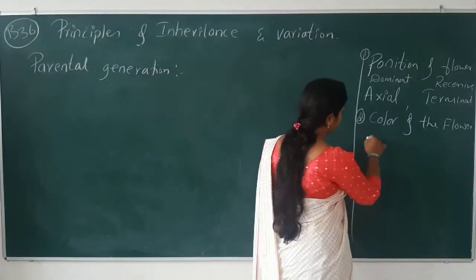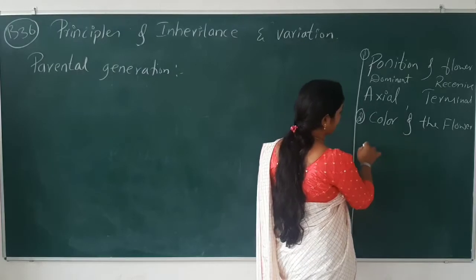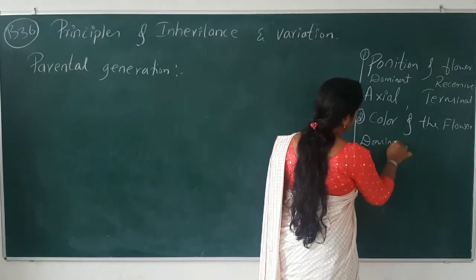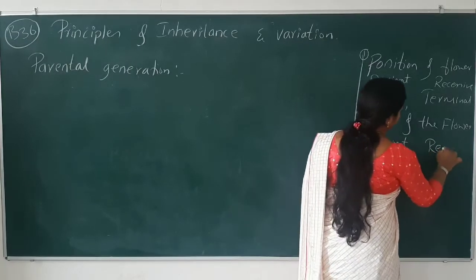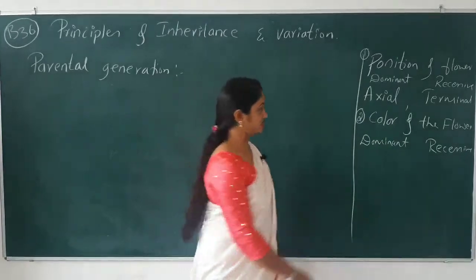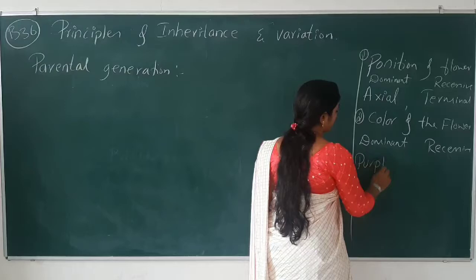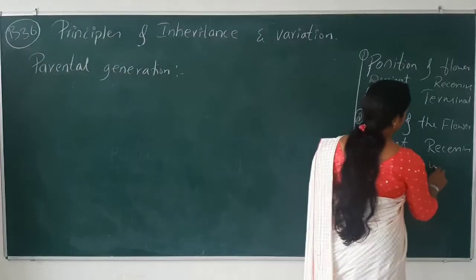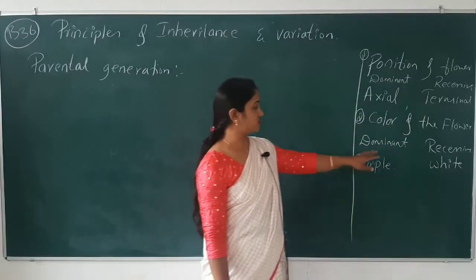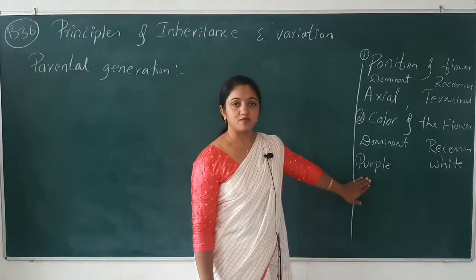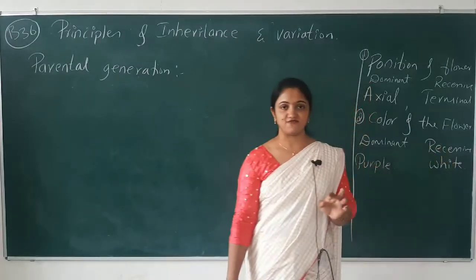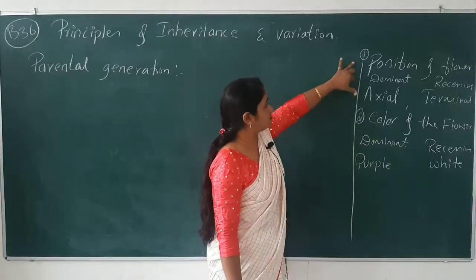So here, the color of the flower, I will write the dominant and the recessive. The dominant color of the flower is purple, and the recessive one will be white. Purple and white. The purple color indicates the dominant trait and the white color indicates the recessive one. So we have selected the two characters here.